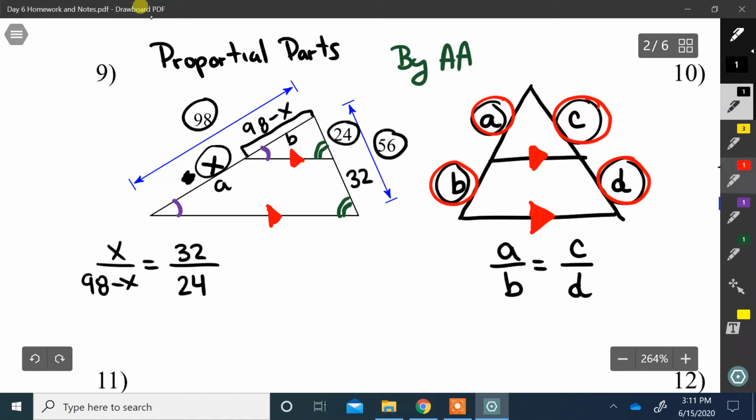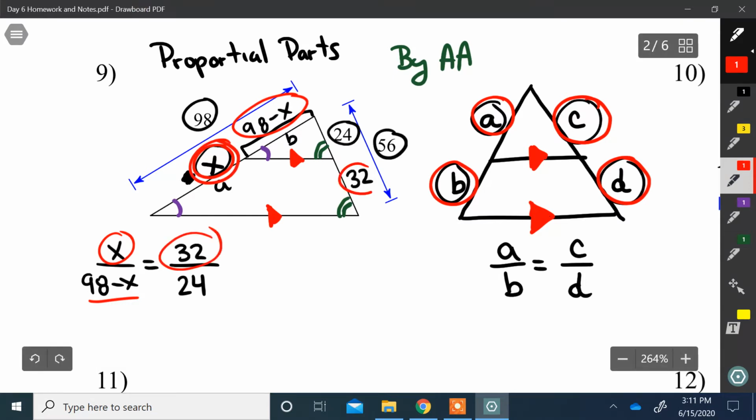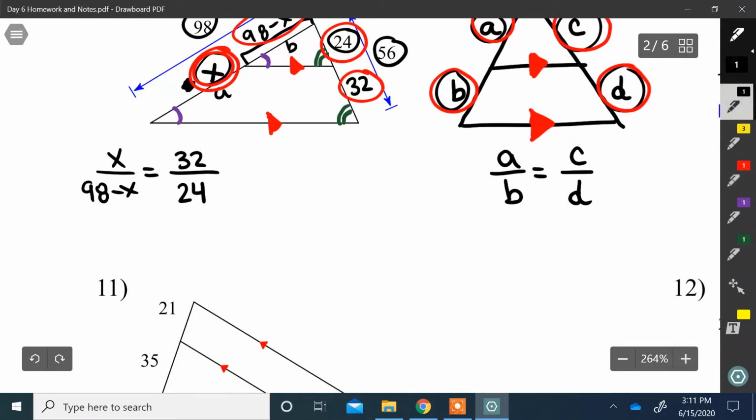This X is this right here, and this is that right there. I started with X, that means I have to start with 32 over 24. Then we're going to cross multiply and solve the problem.